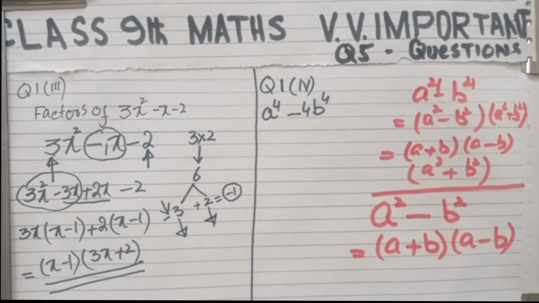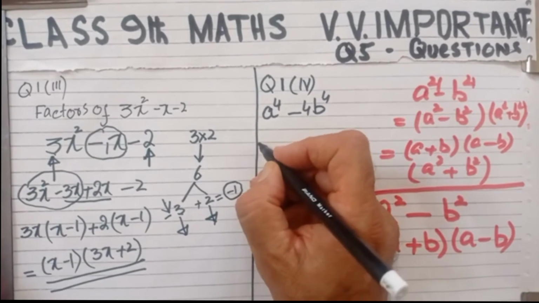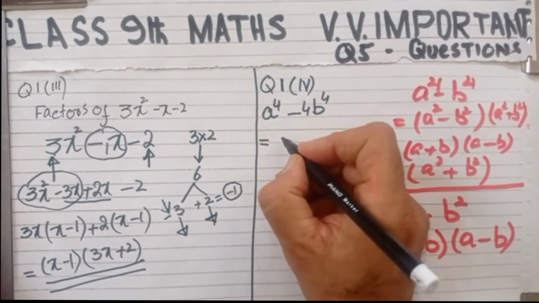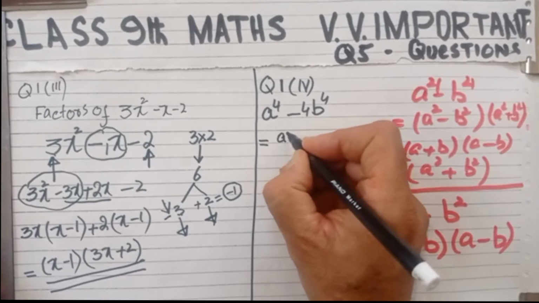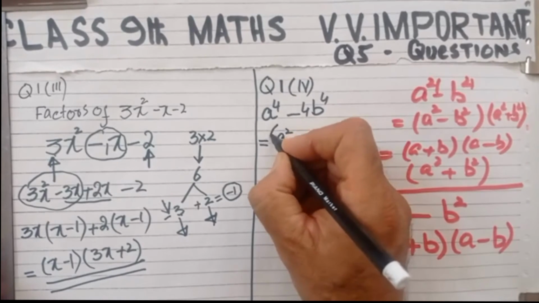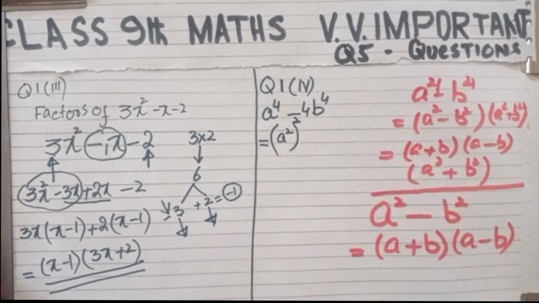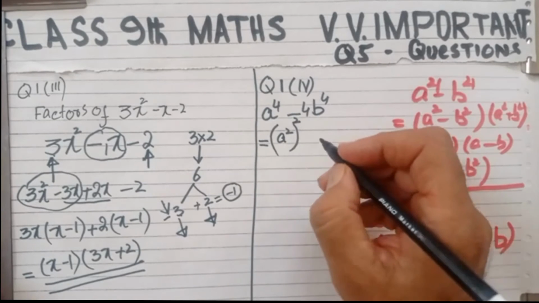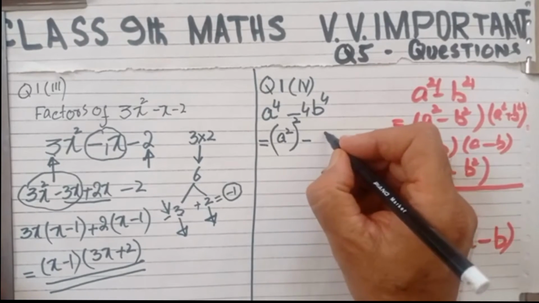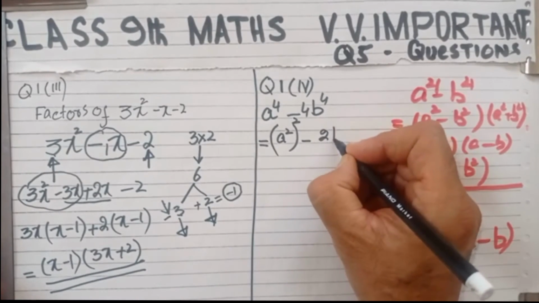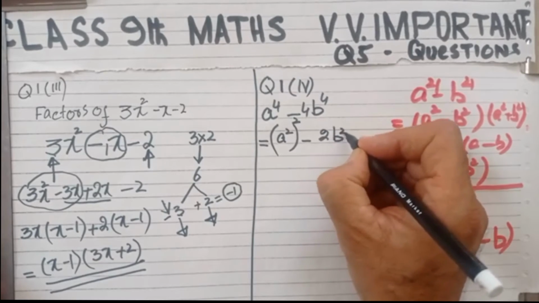So over here, that is a square whole square and minus 2b square whole square.